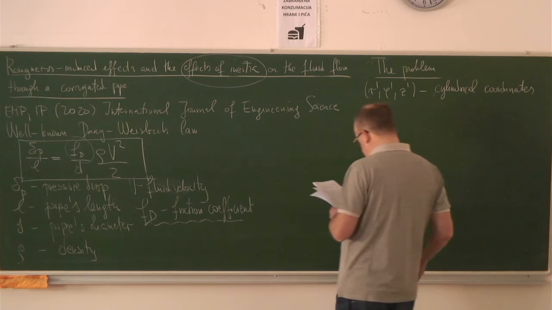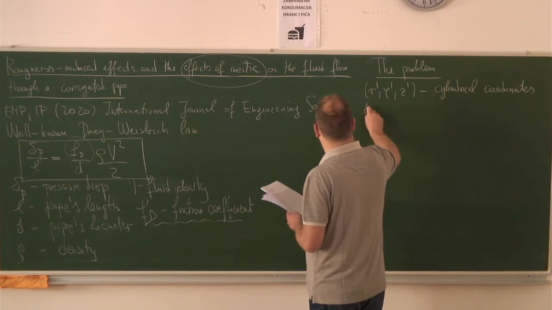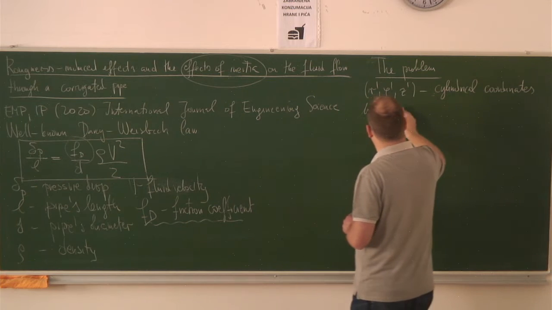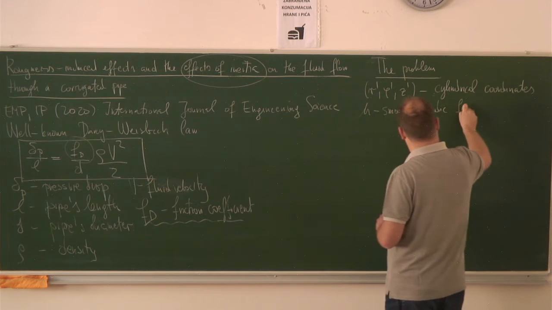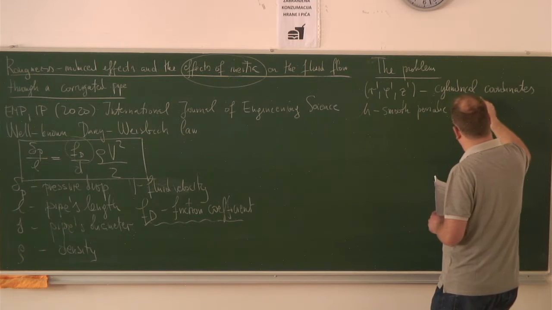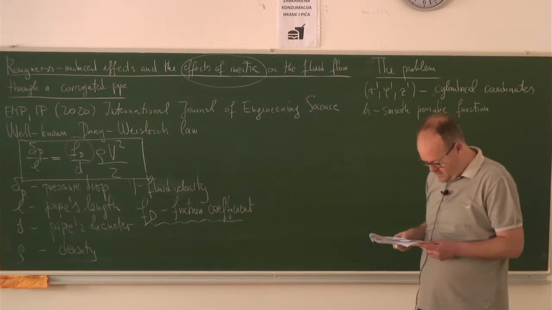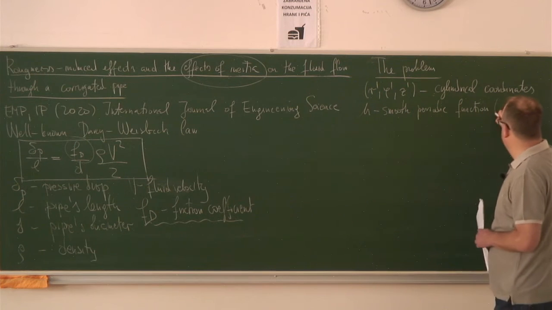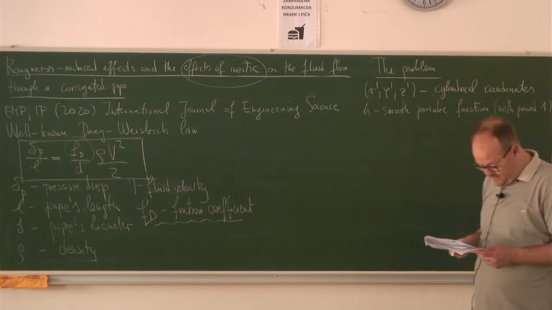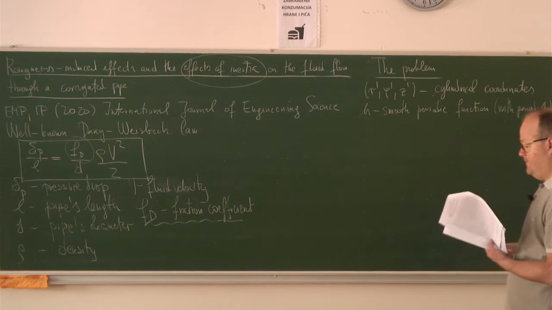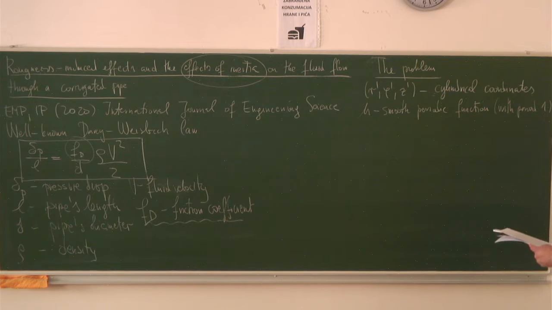Okay, so let us denote by H a smooth periodic function with period 1, which describes the roughness of pipe's wall.